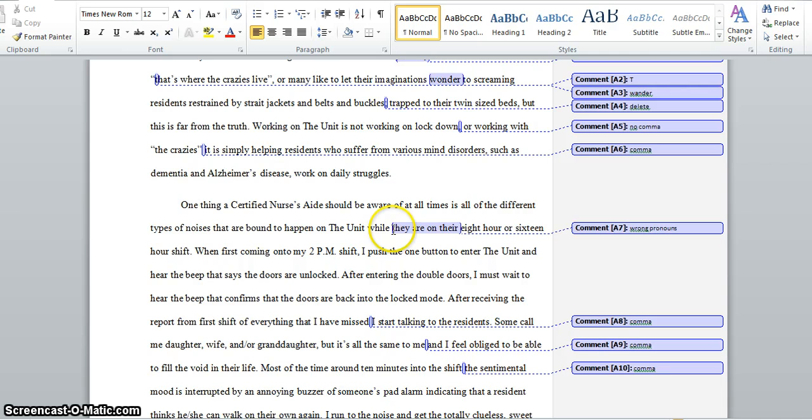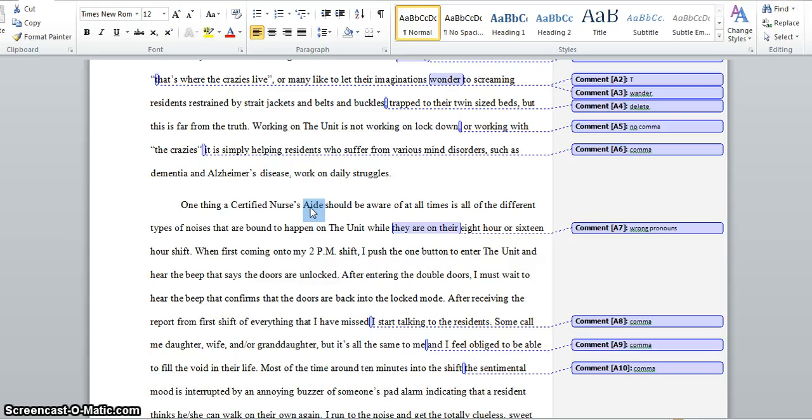So here's the problem. You have your pronouns they, are, on, their. Now, they and their are plural pronouns, but it's referring to aide, which is singular. That's not going to work because the pronouns have to agree to what they're referring to.